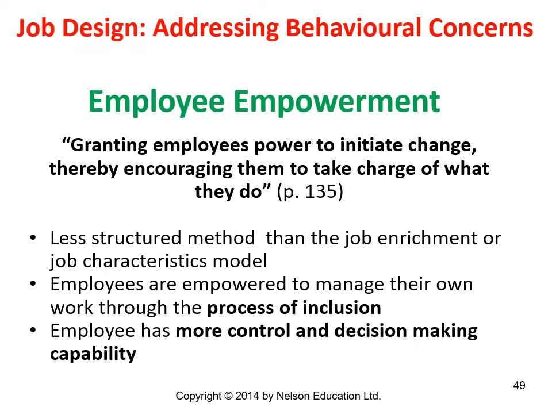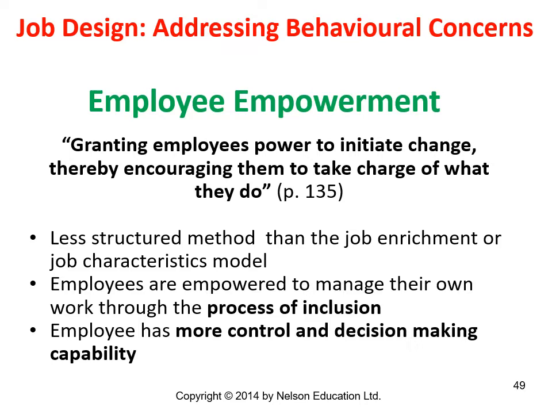The final job design theory that we want to talk about is something called employee empowerment. This has definitely been a thread in the first 2 theories that we've looked at, but here what we're talking about is giving employees the power to initiate change, thereby encouraging them to take charge of what they do. This is a much less structured method than the 2 that we've looked at, job enrichment or job characteristics model.